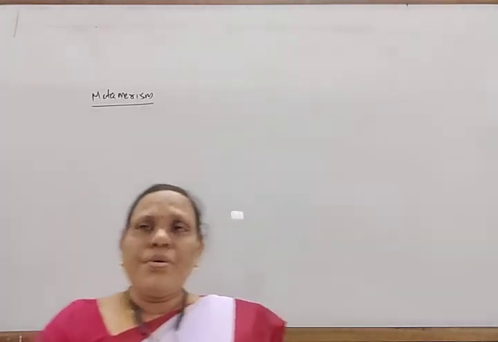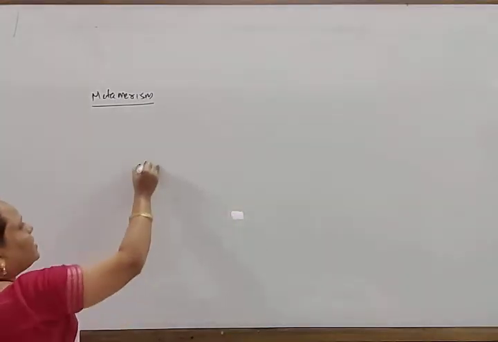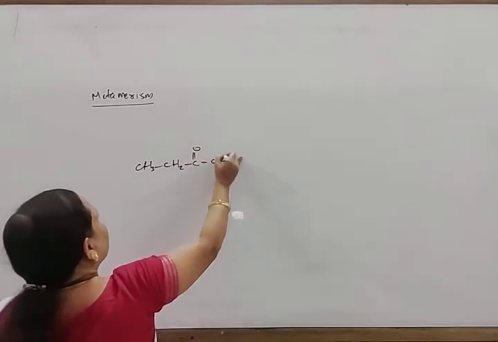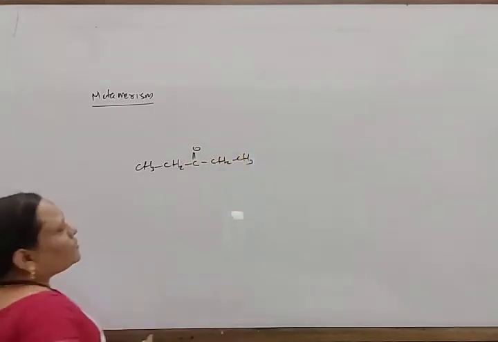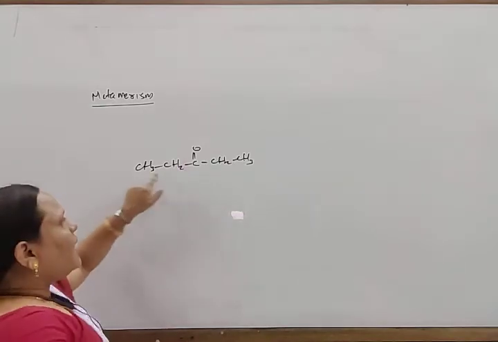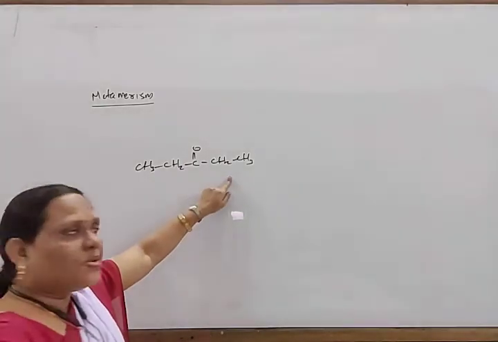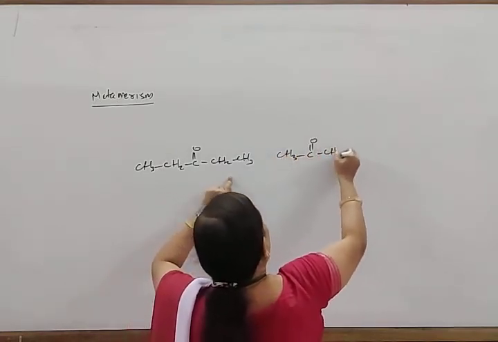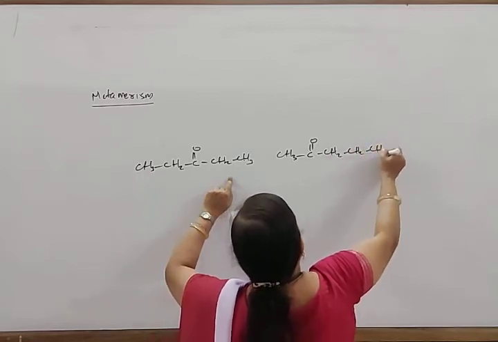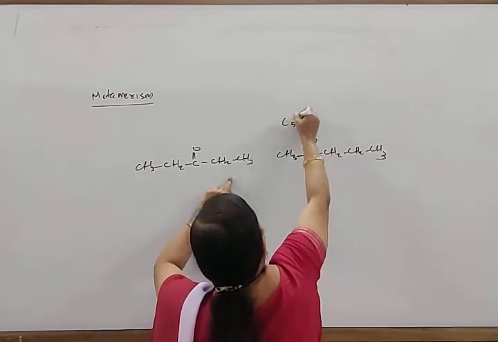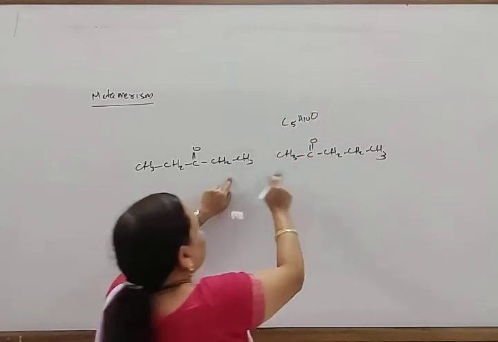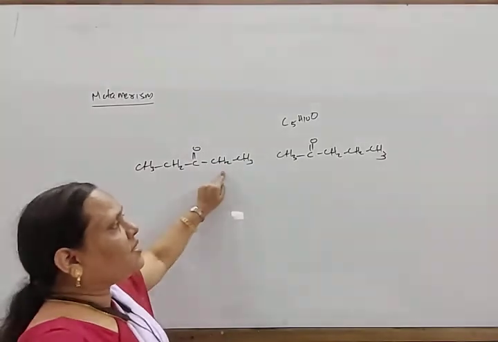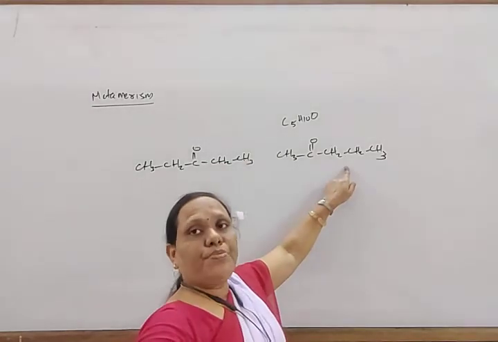Look here, this is CH3CH2C=OCH2CH3. Here the ketone group is there, and an ethyl group on both sides. Another compound, look here: CH3COCH2CH2CH3. Both have the same formula C5H10O, but they differ due to different alkyl groups. In one, ethyl is present on both sides; in the other, methyl on one side and propyl on the other.